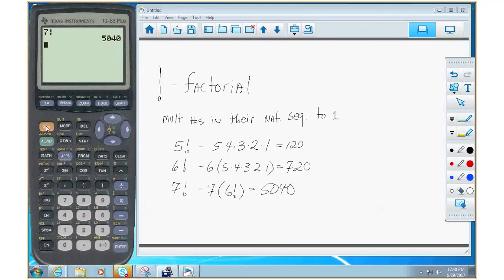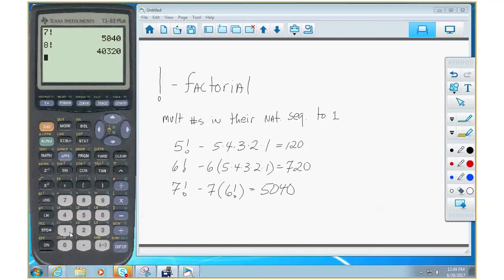You just hit second, entry, and change that 7 to an 8, which would be 8 times 5,040. 8 times 5,000 is what? 40,000, Hubert. That's right, class. And then 8 times 40 is 320, so that would be 40,320. There it is, 40,320.